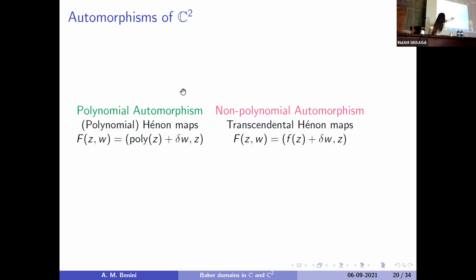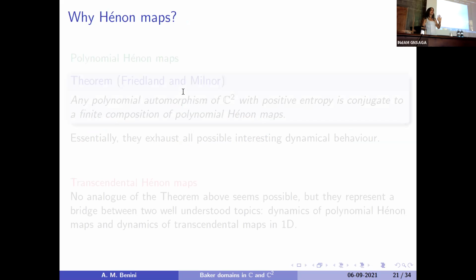Either polynomial or, let's call them, transcendental for today. They have an interesting iteration in the first variable, which could be a polynomial or a transcendental entire function, and a linear perturbation in the other coordinate. And then a swap. This kind of reminds us of our linear example in the very beginning. These are the two classes that we are looking at now.